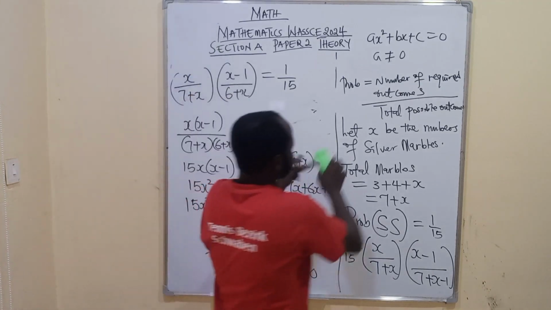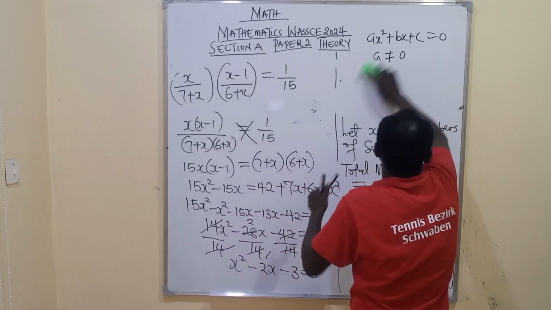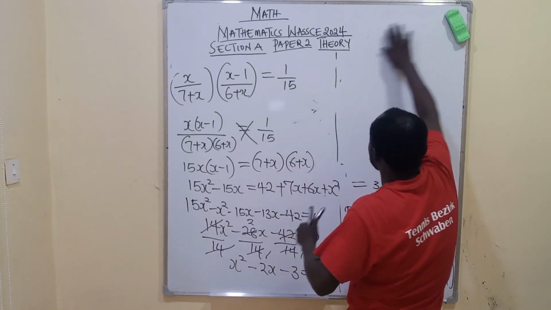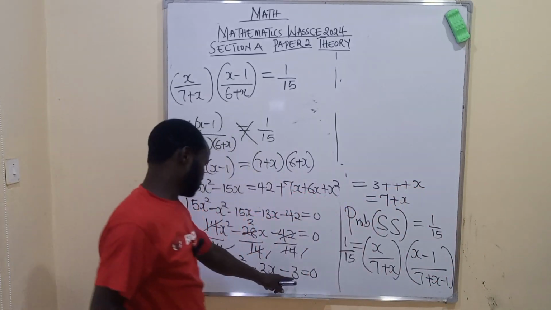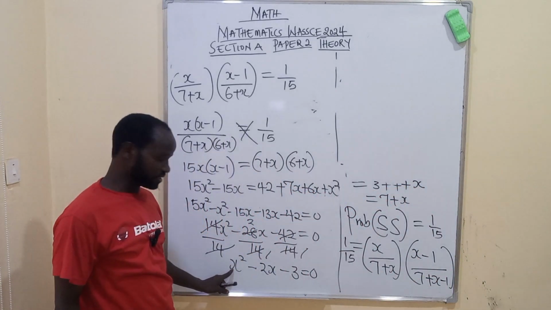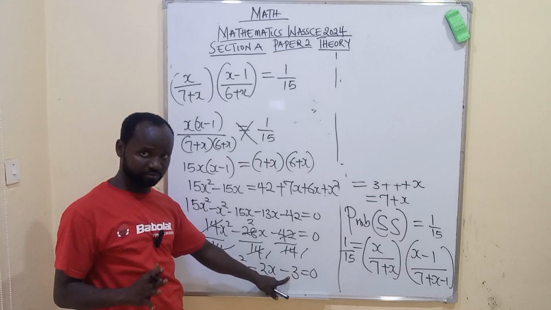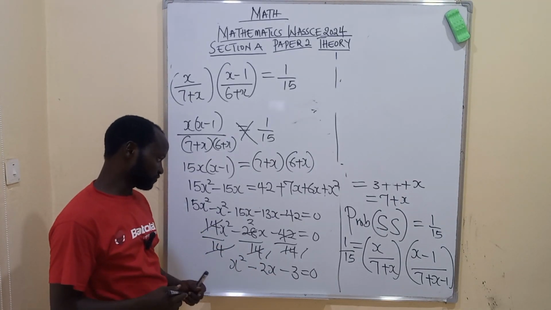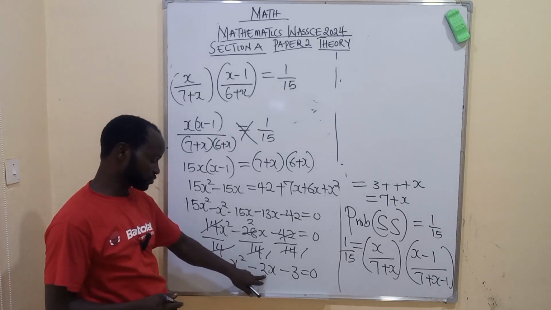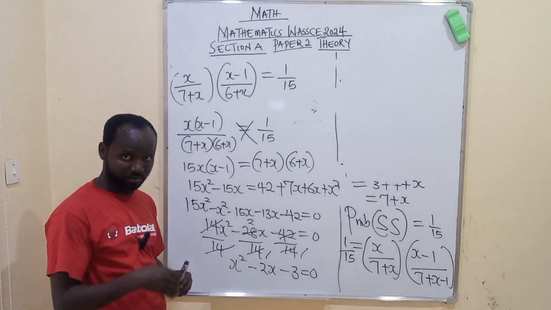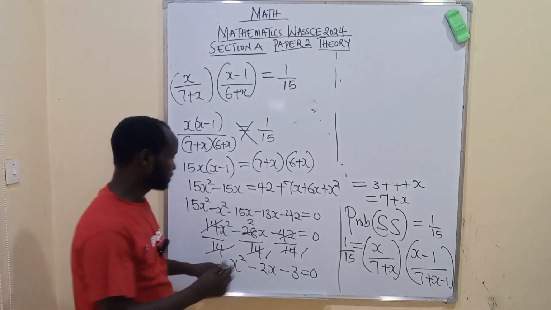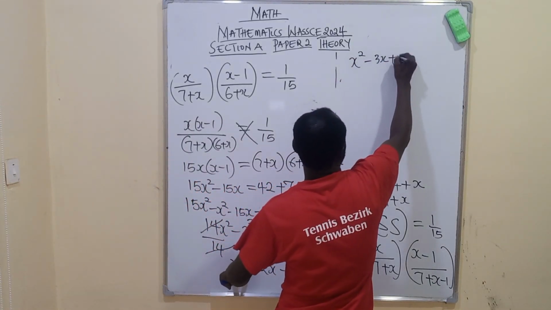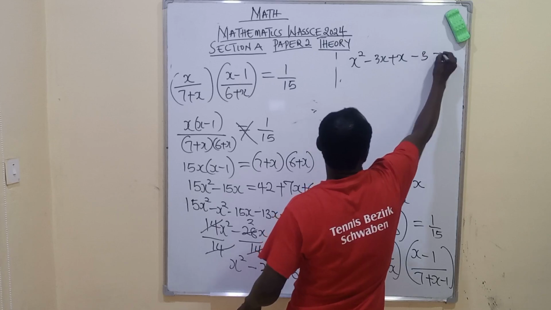So let's factorize to find the value of x, which is the number of the silver marbles in the basket. We are using the factorization method now. First we multiply the first term by the last term. That will be minus 3x squared. Two factors of minus 3x squared that will give us minus 2x, of course, it will be minus 3x plus x. So this will be x squared minus 3x plus x minus 3 equals to 0.